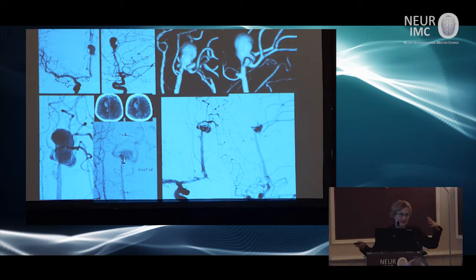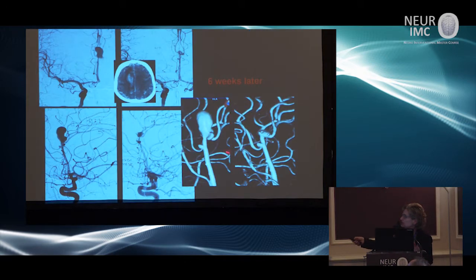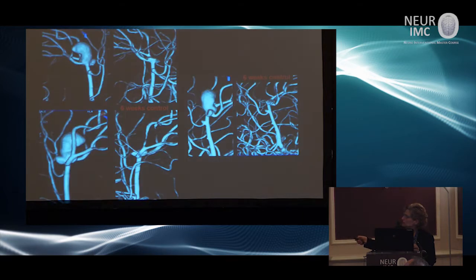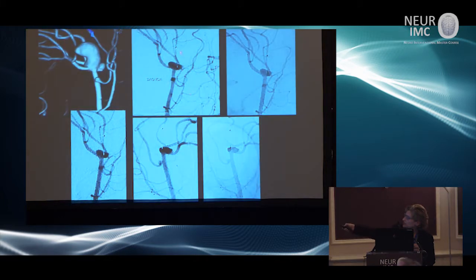Well, it would not save, but at least decrease the risk of the acute period without giving any anti-aggregation or anything. 6 weeks later, there is the remnant, also baby aneurysms at the neck, and also another aneurysm at the bifurcation below. So what we did was we catheterized a flow diverter so that it would take the neck of this index aneurysm, as well as the one proximal.